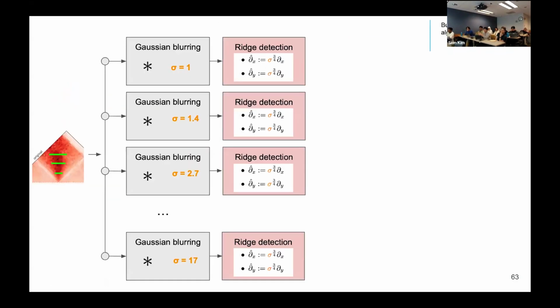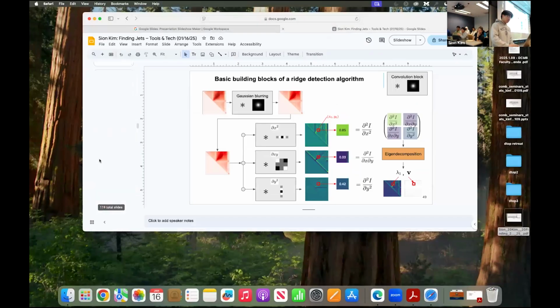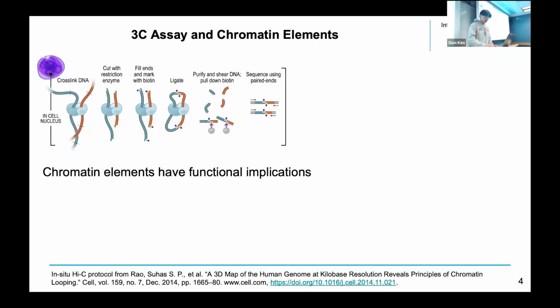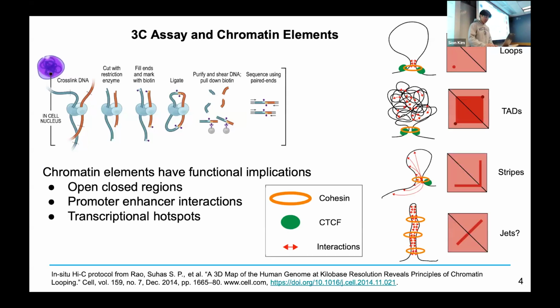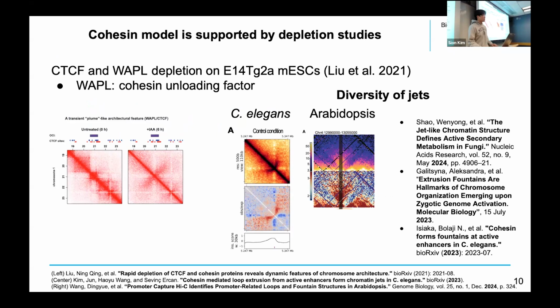Great question. Experimentally or theoretically? So experimental work has, I think. A lot of depletion studies have been conducted. So you essentially deplete, and this is especially the cohesin model, you essentially deplete certain proteins with the cohesin model. WAPL, which is the thing that unloads the rings.